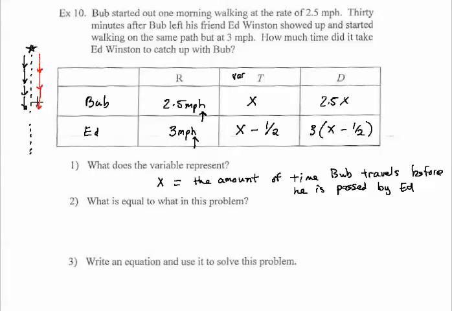What we mean by passed is that they have traveled the same amount of distance. If they travel the same amount of distance, then the way we set up our equation is we say the distance of Ed equals the distance of Bub.